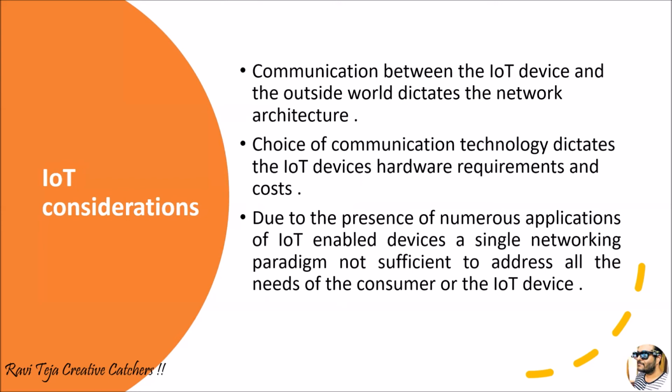And the choice of communication technologies: whatever technology we choose in order to communicate with the IoT devices. It also includes hardware requirements and costs. Everything comes under considerations. If you are going for a global setup, the cost increases and the hardware complexity also increases. If we are going for local communication, the hardware requirement and the cost may slightly reduce.